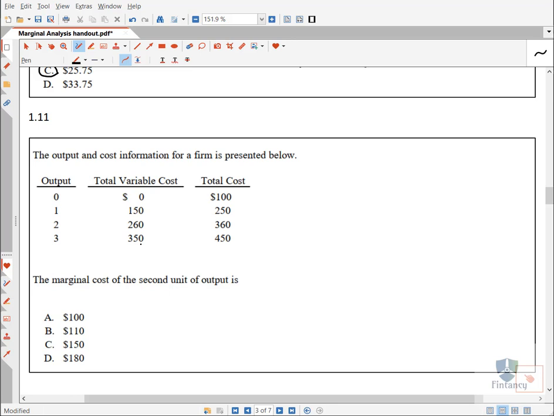1.11. The marginal cost of the second unit of output is. The marginal cost of the second unit of output is. I'm giving you 30 seconds for this. Try your luck and let me know in the chat box what is your answer.